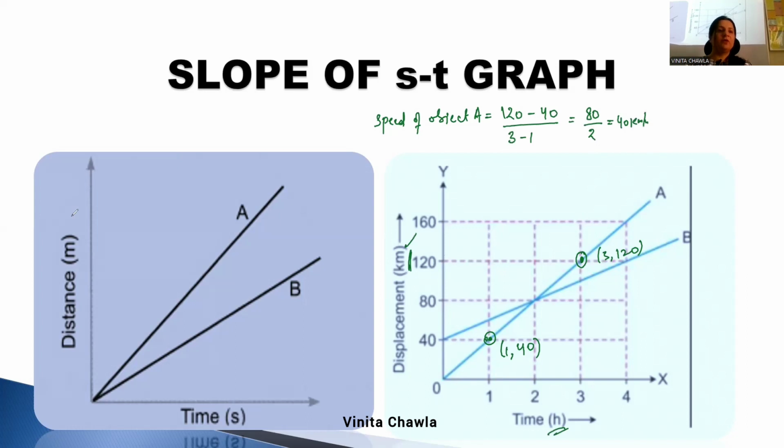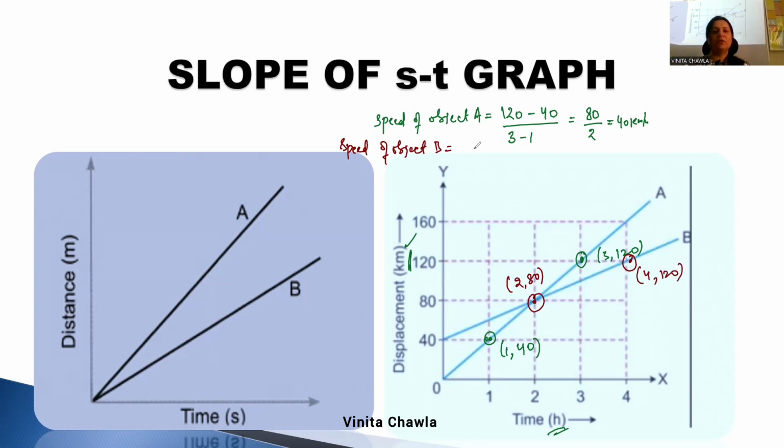Now let's find the speed of object B. Again, we'll choose 2 points. Let's take this point and this point. Find the coordinates. It's 2, 80 and the coordinates of this point are 4, 120.